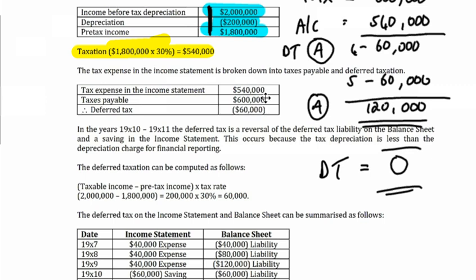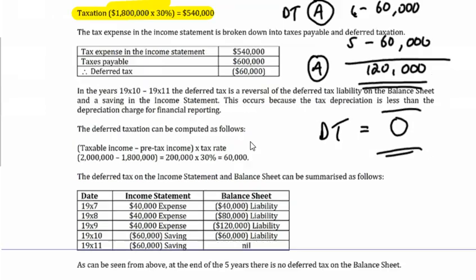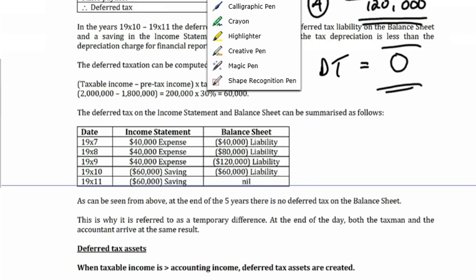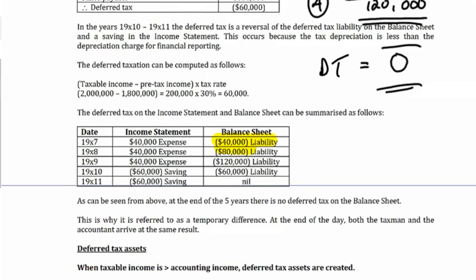The accountants wanted 20% per year. The taxman said, no, I want 33.3% every year, but over 5 years. You can see over here, we've shown you that nice and clearly. Everything then reverses itself out. Okay, down to 0.